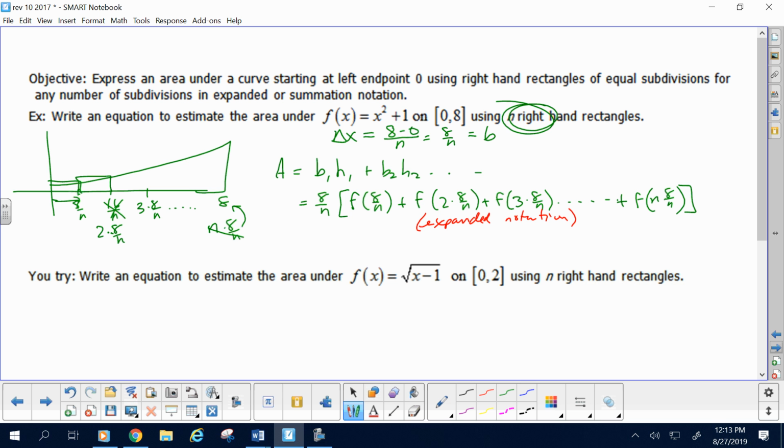Although it's usually a little clearer to students, it's also a heck of a lot more writing. Instead, let's go summation notation. If we were to write this as a sum, every time there's just an 8 over n floating there, but in the brackets there is a sum of many functions.